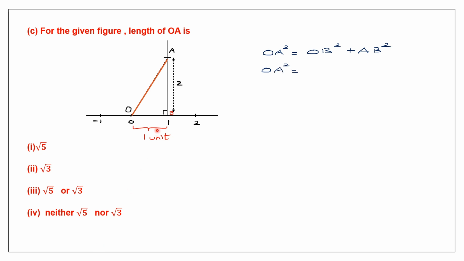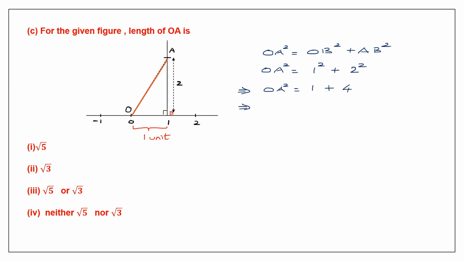OB is 1 unit, that is 1 square, plus AB square. Now how much is AB? The measurement is given to us. It's 2, so that means 2 square. It implies that OA square is equal to 1 square, which is 1, plus 2 square, 2 2s are 4.